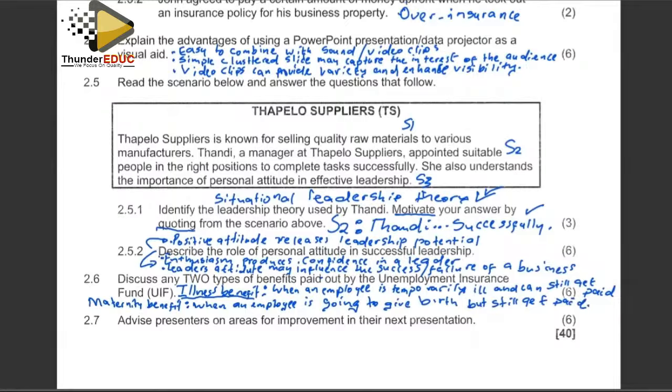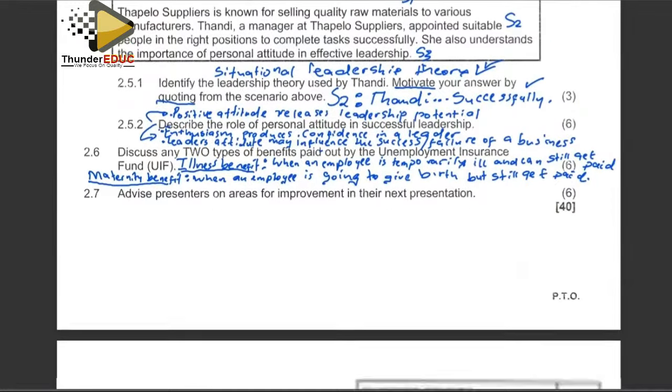Okay, so it means that in this regard, we have these two benefits as examples of the unemployment insurance fund. Okay, right.